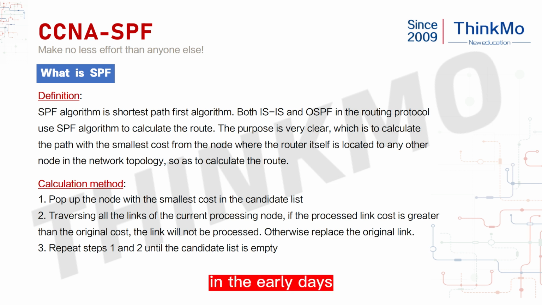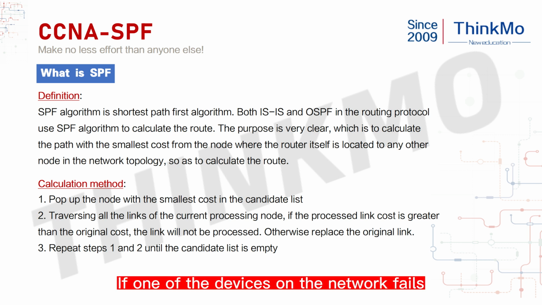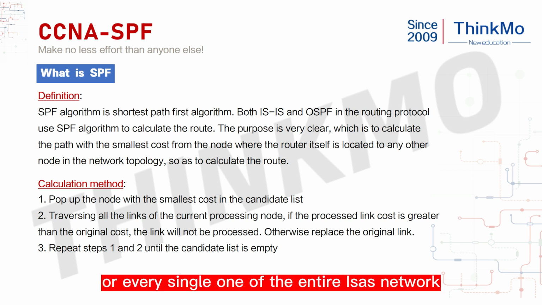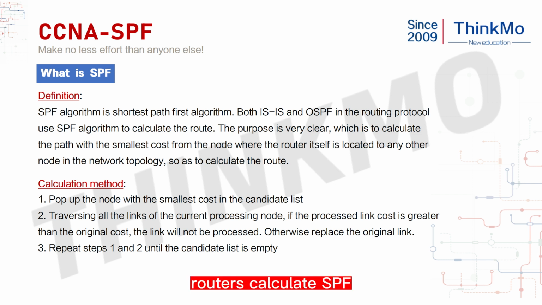In the early days, if one of the devices on the network fails, or a new device is added, every single router in the entire OSPF or IS-IS network calculates SPF. Shortest path is easy.